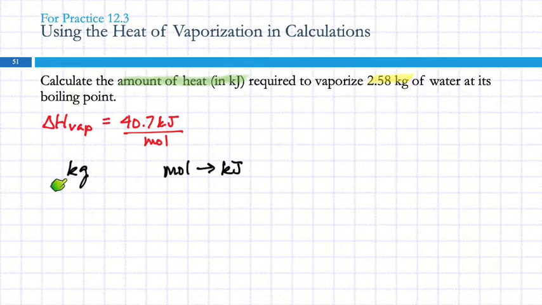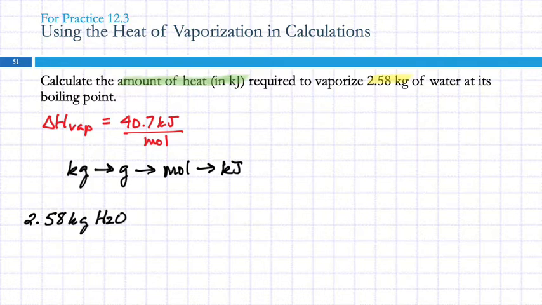So we've got kilograms. How do we get kilograms to moles? Go to grams first. Change it to grams, and then we can use the molar mass. So it was 2.58 kilograms of water, and I've got 3 arrows.